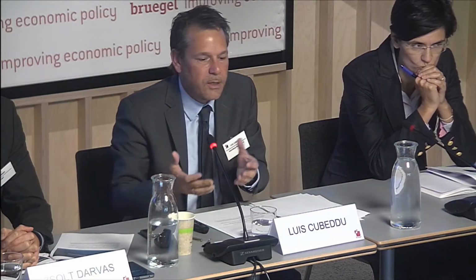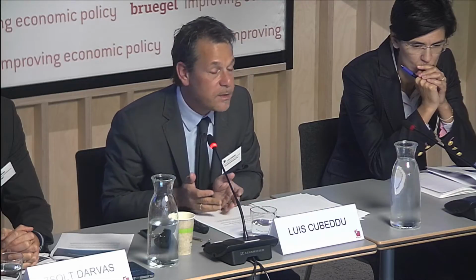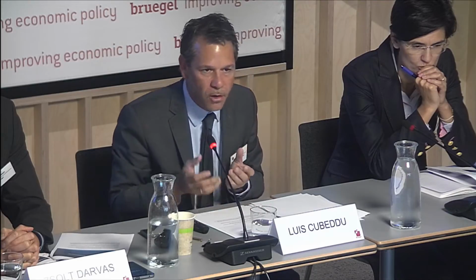We put them together, and we see what the model spits out in terms of what the norm should be for particular countries. The model is also accompanied by some judgment, because the model itself doesn't capture all the country-specific details. It may have some missing variables. So we couple the model with staff judgment. And on that basis, we come up with an assessment.